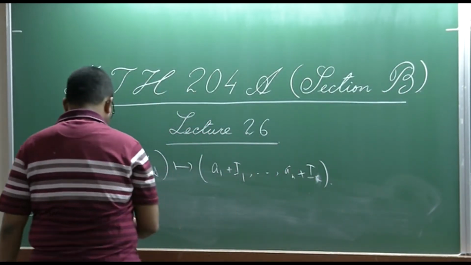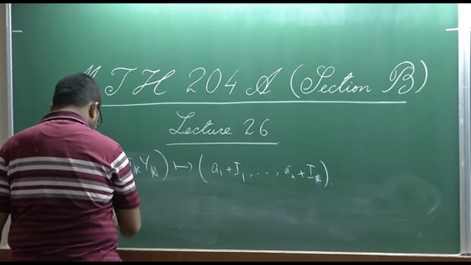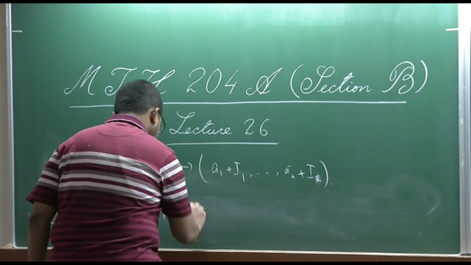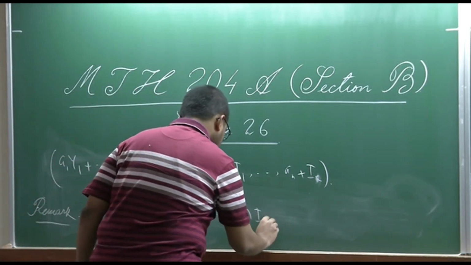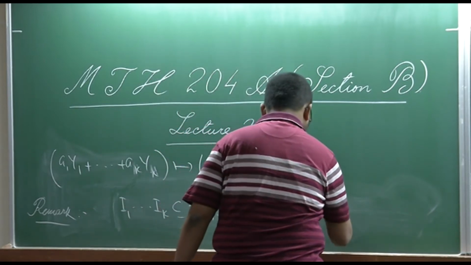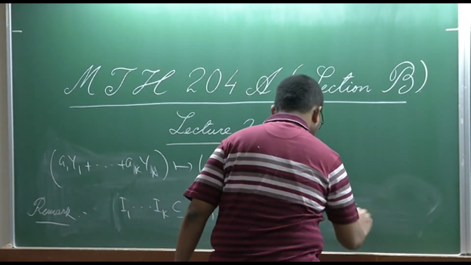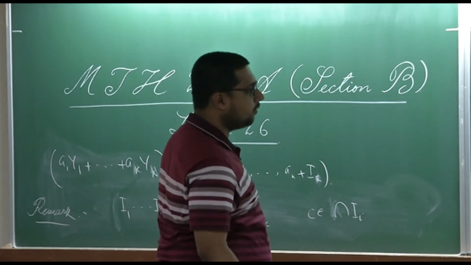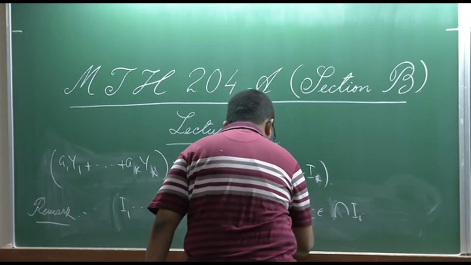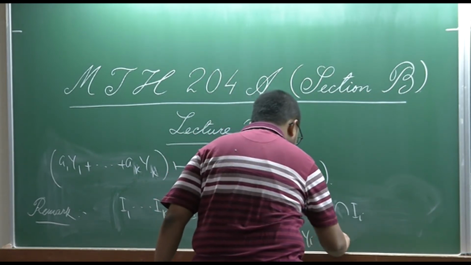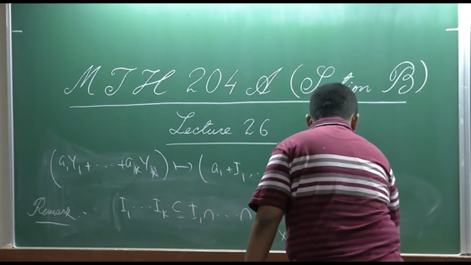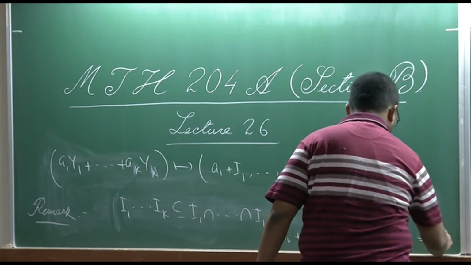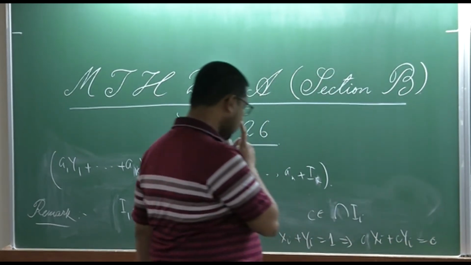Or maybe, let's see, I think I can do it directly. If c belongs to the intersection, then for each i we obtain some x_i plus y_i equal to 1. This implies c x_i plus c y_i is equal to c.